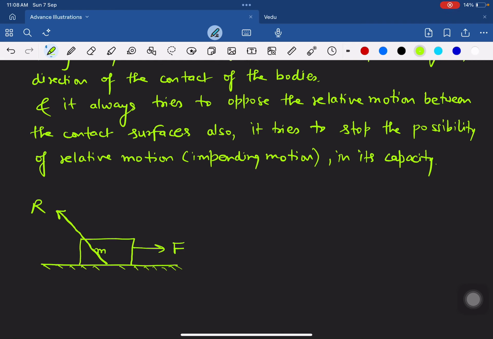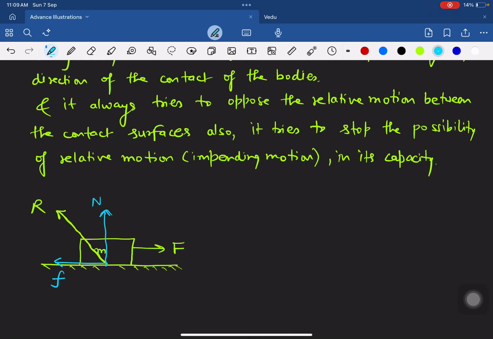Here there are two components of the contact force. One is the normal force, which you already know. And there would be a force here, which is your friction force, if the body is in motion or has a tendency of motion with respect to the surface.